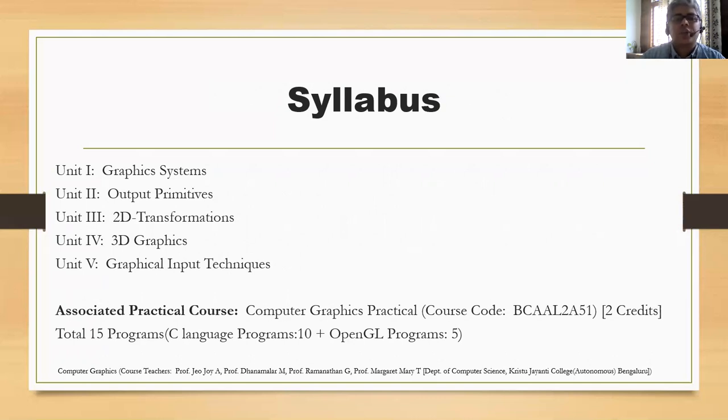And there is an associated practical course for this theory course, that is the Computer Graphics Practical, wherein students will be practicing a total of 15 programs, wherein 10 of the programs they will be practicing through the C graphics library functions and another 5 using the OpenGL API functions.